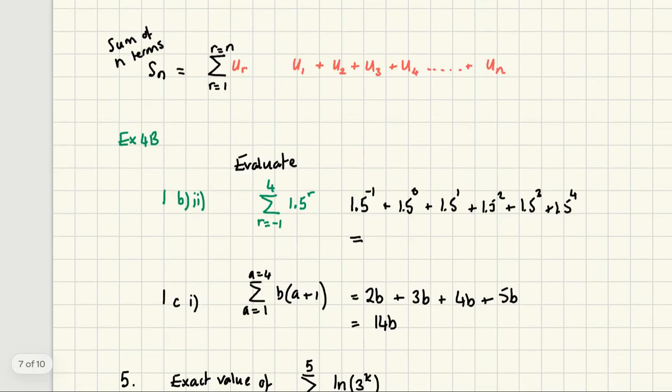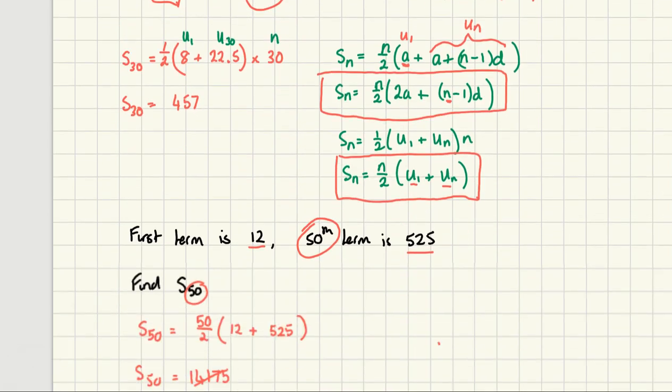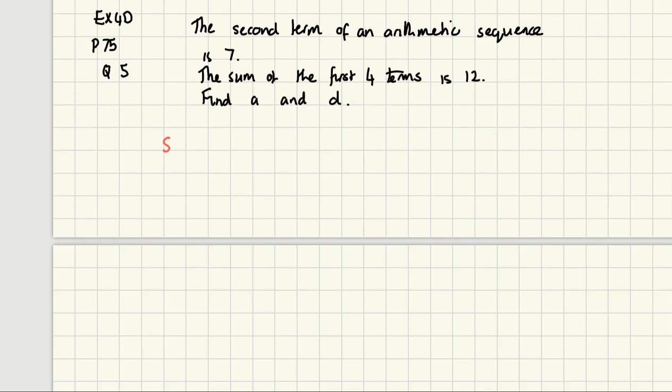We then move on to sigma notation, which we were about to look at before I let you get on with the rest for yourself. The second term of an arithmetic sequence is 7. The sum of the first 4 terms is 12. Oh yeah, and we started that, and I think someone said something about simultaneous equations. So I've made 2 equations.